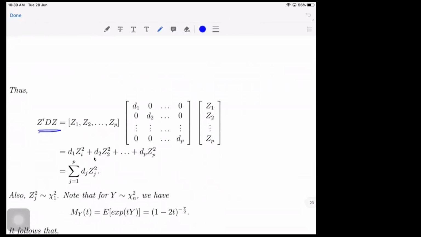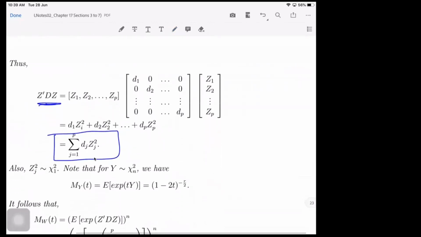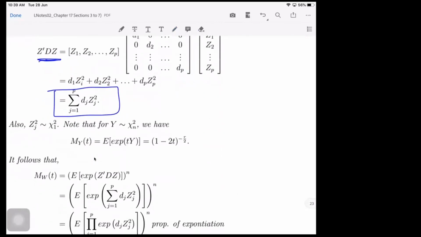And then you look at what is the form of this Z prime DZ, which is equal to this after matrix multiplication. And you know that each Z is standard normal, and then you square that, it becomes chi, correct? And it is chi, and y is also chi.